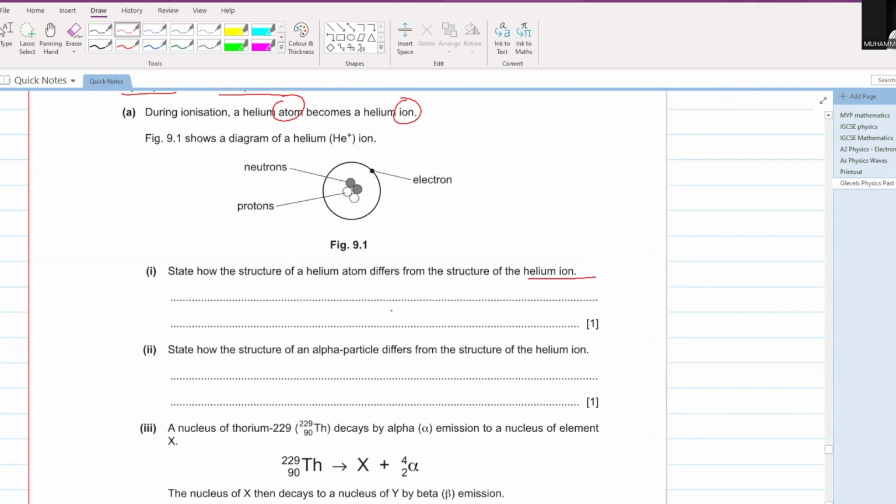बेटा हीलियम आयन में क्या होगा? हीलियम आयन में सिंस यू हैव अ पॉजिटिव चार्ज व्हाट विल हैपन?